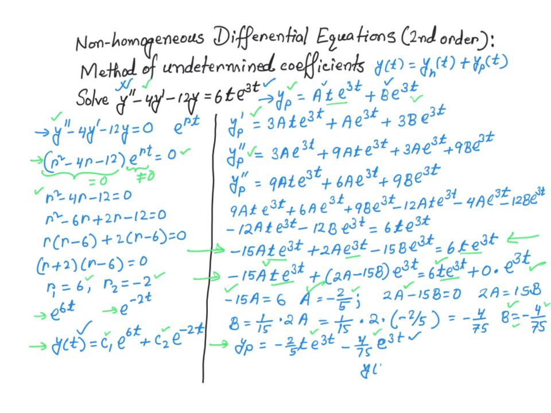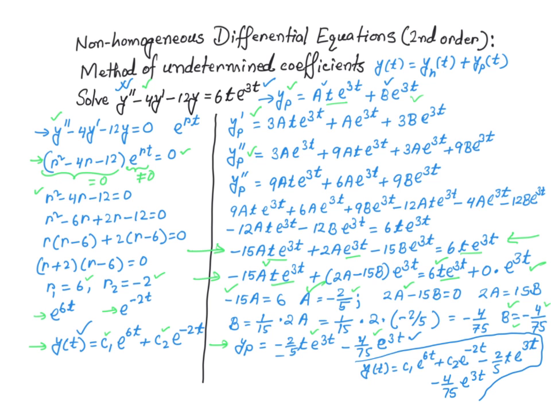So y of t is going to be equal to c1 e to the power 6t plus c2 e to the power negative 2t plus this particular solution, which is going to be minus 2 over 5 t times e to the power 3t minus 4 over 75 times e to the power 3t. So this is going to be your solution to this differential equation.